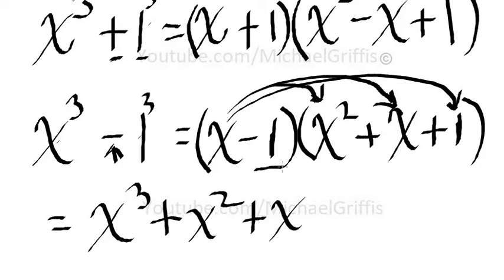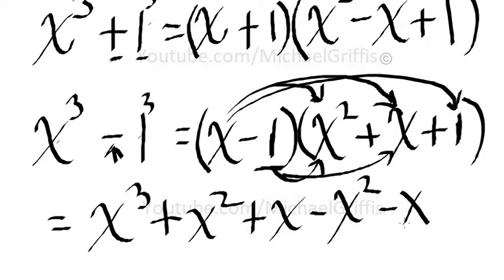Now let's look at this one here. We've got minus 1 times x squared is minus x squared, minus 1 times x, and minus 1 times 1. Now let's see what we got.